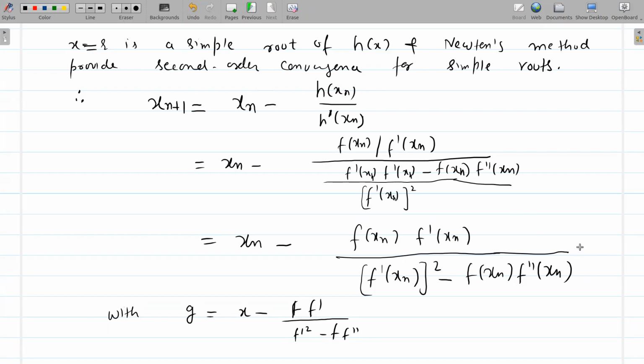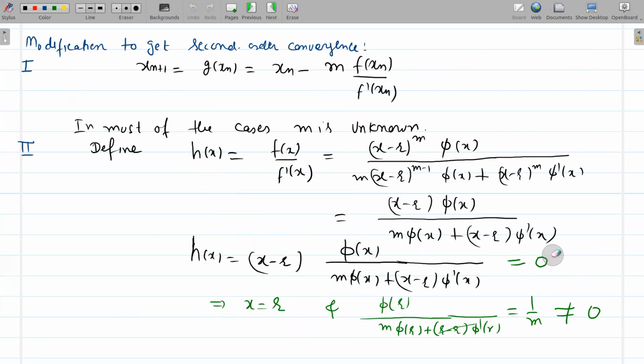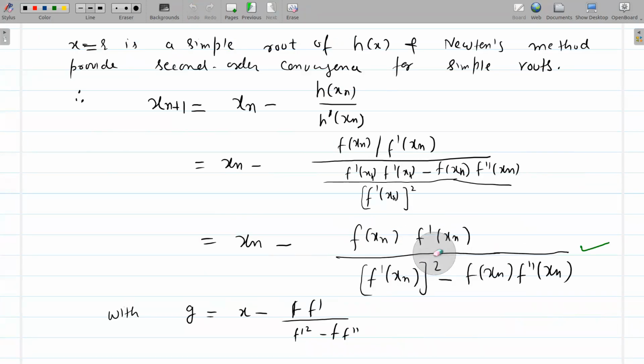So this is another Newton's method for multiple roots, and there is no m. You have to memorize this formula. So what is the iteration scheme? x(n+1) equals xn minus f f dash divided by f dash square minus f f double dash. You can use both formulas. If you know m, the first formula involves fewer computations, just f by f dash. But this formula involves more calculation, but there is no m.